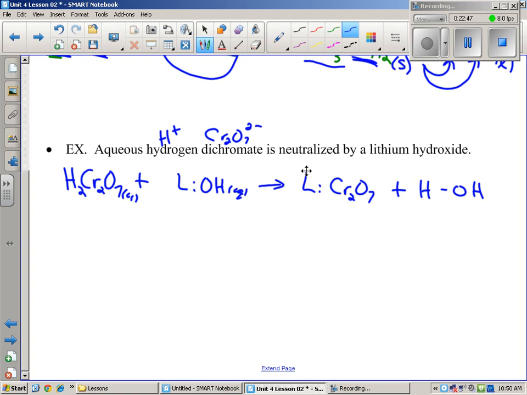If you mess up the ionic formula of any of these, you're just going to keep going around and around, and if you're doing homework or on a quiz, you're going to spend 10 minutes going around and around, and it's never going to balance. And it won't, because you've messed it up, okay?